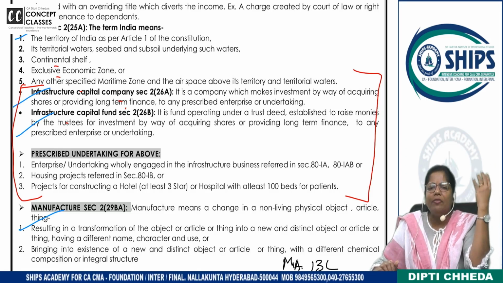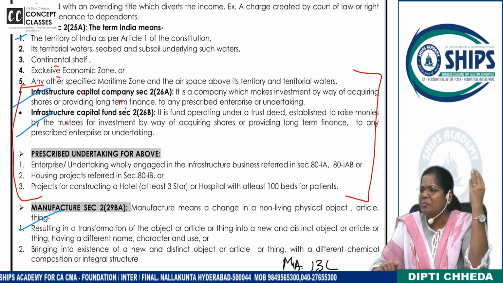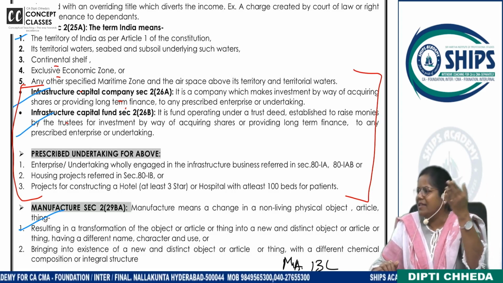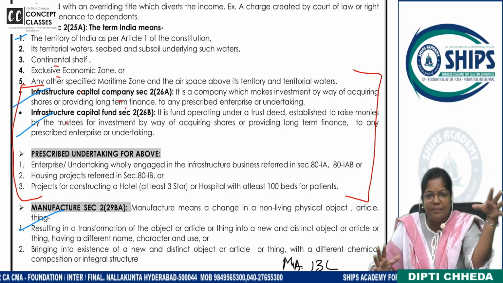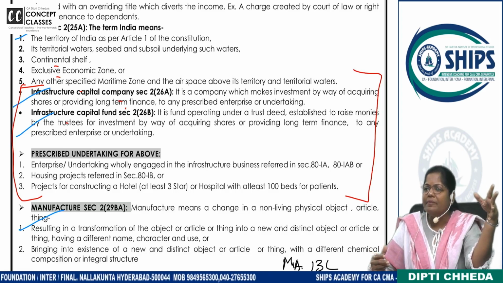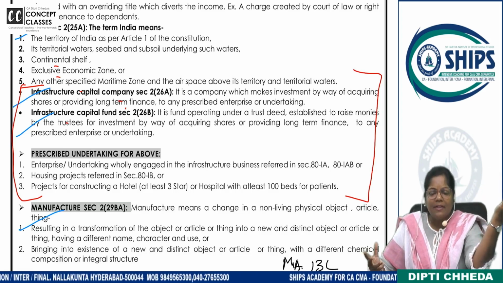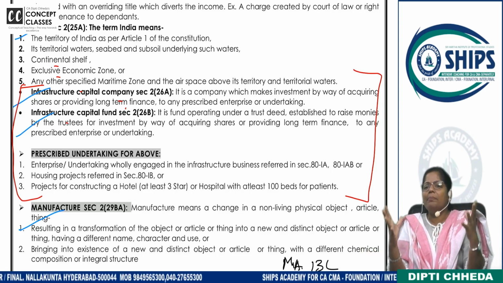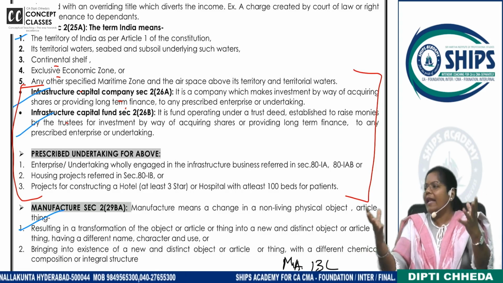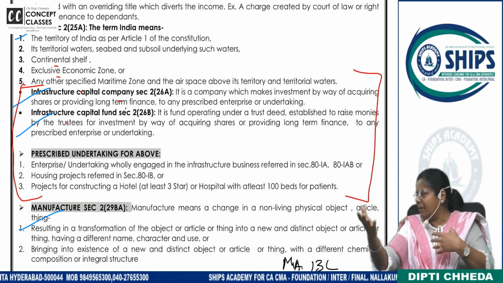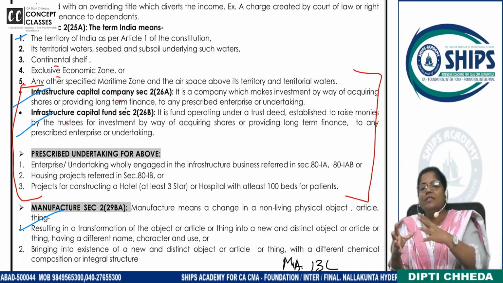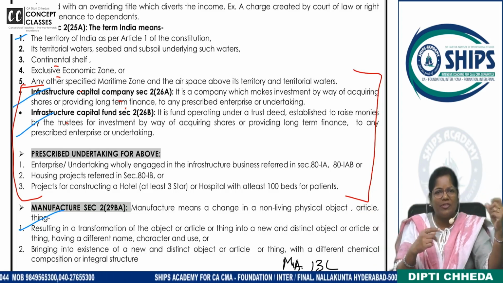So development of roads, express highways, bridges and all this, does it need a lot of money? Who will give this money? Public. So infrastructure companies are companies who collect funds from people promising them a return, and they use this funding for these kinds of projects.